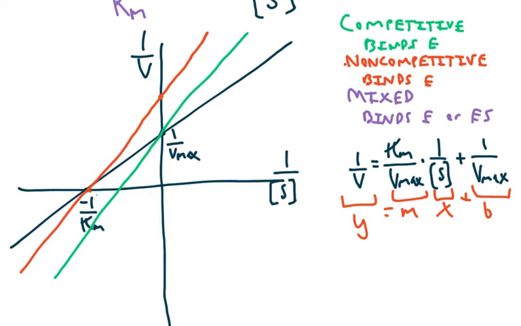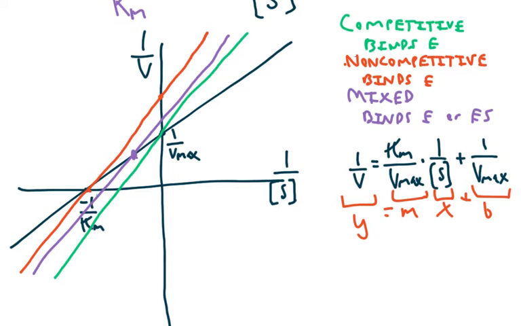It entirely depends upon the enzyme and upon the inhibitor, and if the question does not tell you, you don't know. But one possibility for a line made by a mixed inhibitor could be a line that goes like this. The only stipulation for a mixed inhibitor is that it crosses the line of the regular non-inhibited enzyme at a point that is not 1 over Km and is not 1 over Vmax, so it's not one of the intercepts.